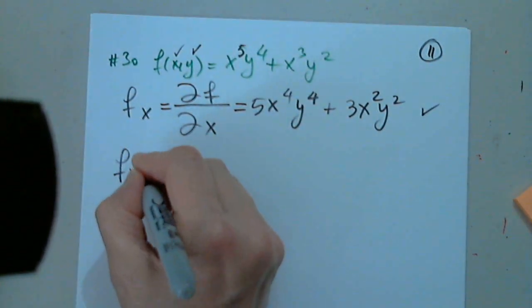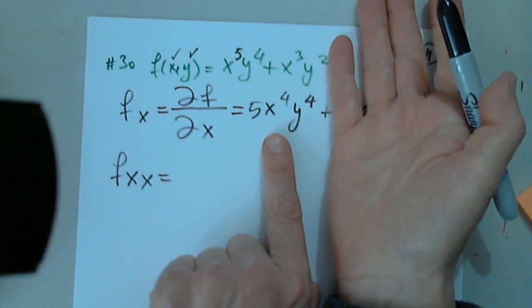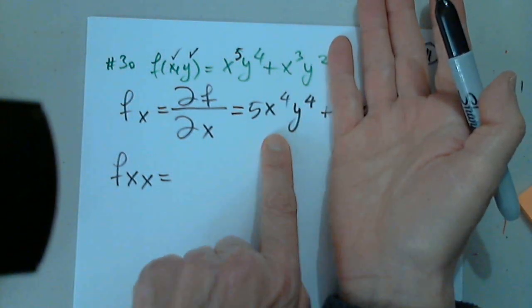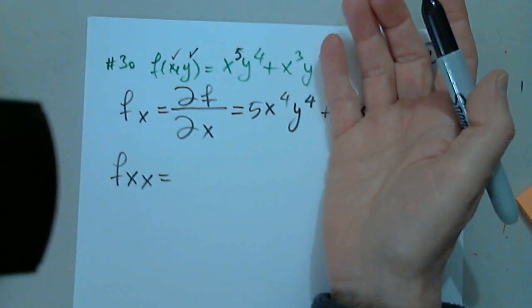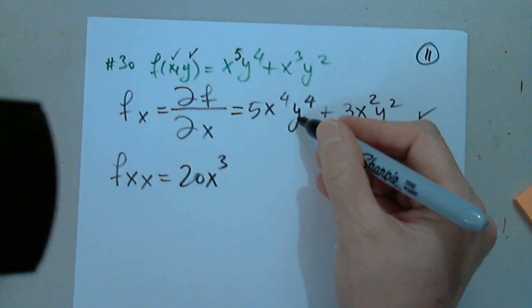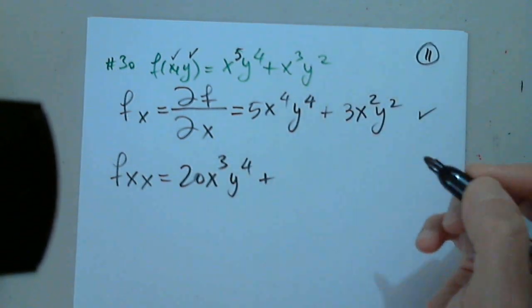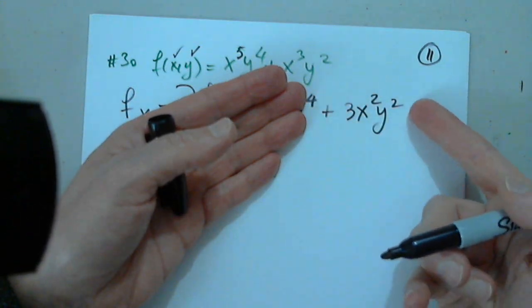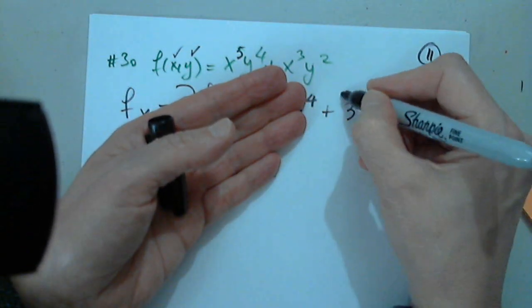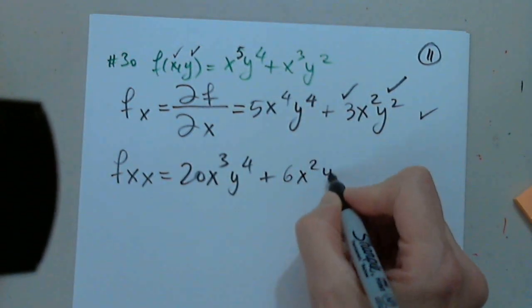So now let's find f_xx. Coming back here, we are differentiating this term with respect to x. 20x to the 3rd, and then y to the 4th. Perfect. Plus, we are differentiating this with respect to x, everything else kept fixed. 6x y squared.